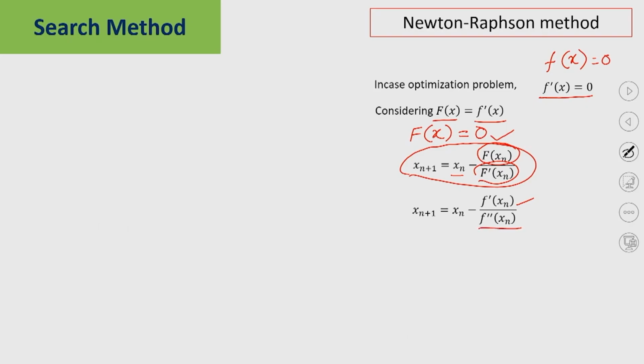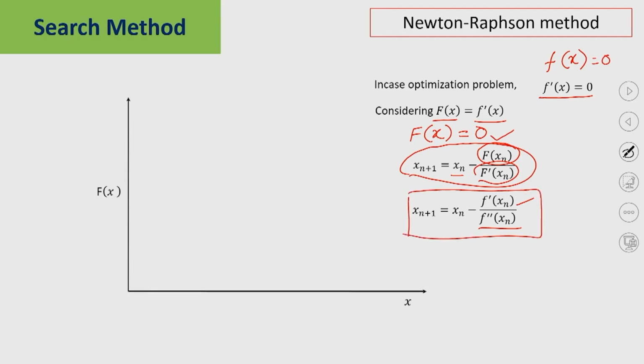So, this is an iterative equation, where we start with x_n, suppose x equal to 0: x_{n+1} is equal to x_n minus the first derivative at x_n divided by the second derivative at x_n. So, I am getting this equation.